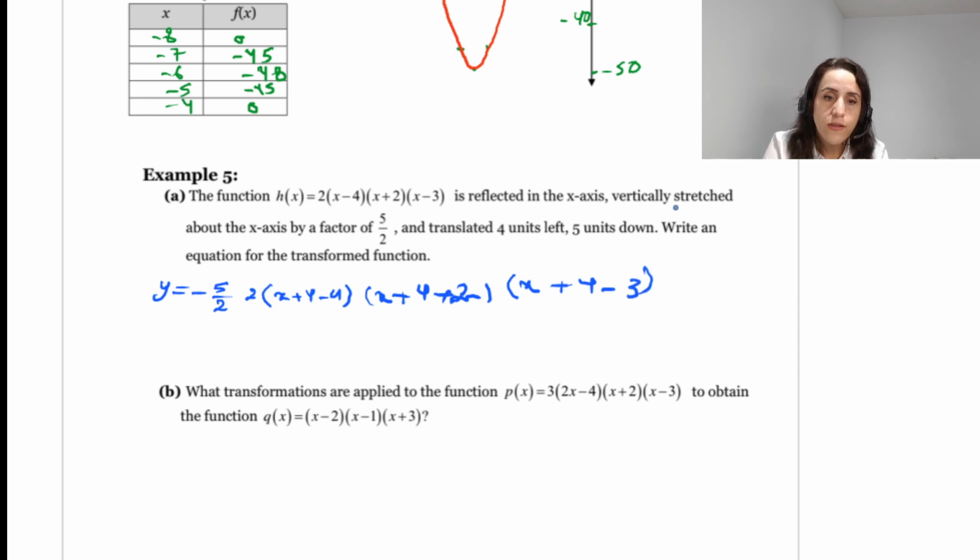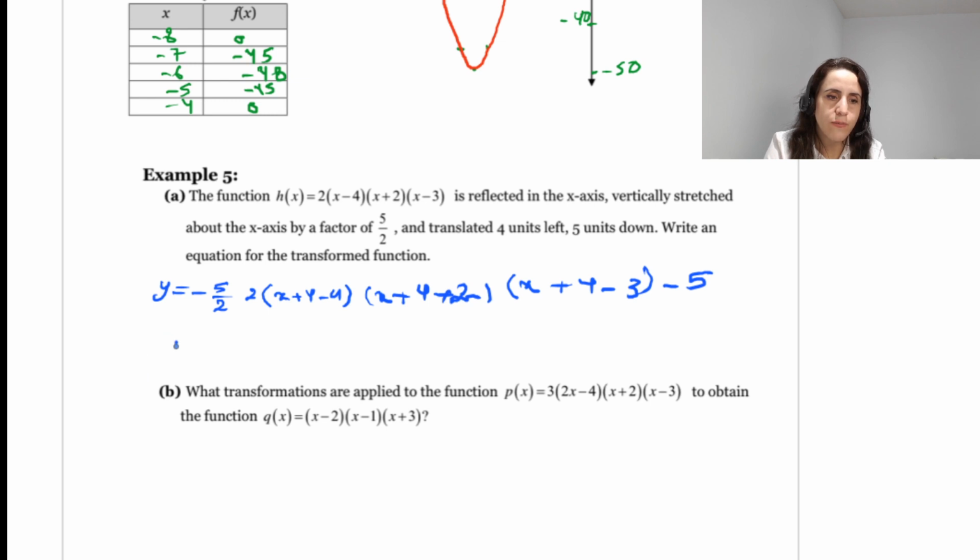And 5 units down. Finally, I also need 5 units going down. It is my equation, but I need to make a next step and simplify a little bit. These two are going to cancel each other out.